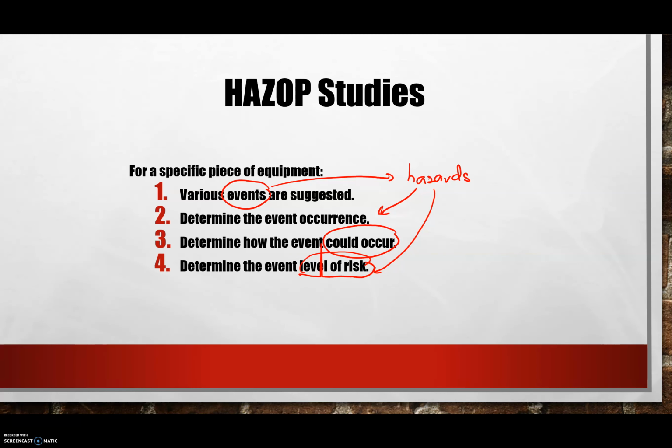So basically a hazard study is all about what hazard could occur, how it could occur, and what level of risk this hazard carries. All this information or these elements must be listed or tabulated in your hazard studies. Later on we will see what the procedure is, and how these hazard studies can be conducted.